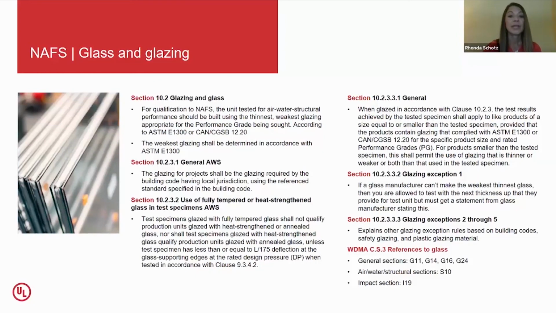By testing per E1300, the manufacturer could then use a thinner glass for lower performance when needed. This saves the manufacturer a great deal of cost. Make sure to read this full section because there are some exceptions that apply.